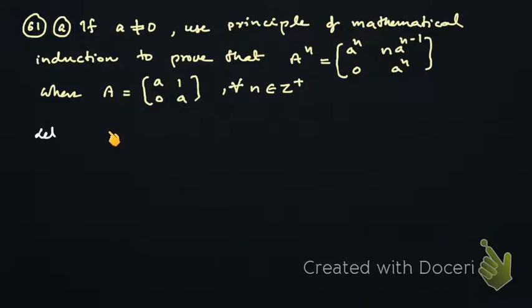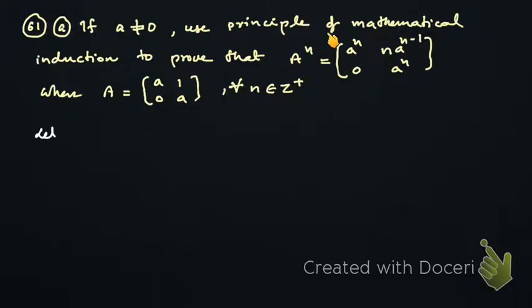Then you will assume that the result is true for n is equal to k, and then using that assumption you will prove that this result is true for n is equal to k plus 1. And then you will write, by principle of mathematical induction, the usual conclusion. So I'm not going back to the theory of induction method. I'm just going to follow the method of principle of mathematical induction to prove this result.